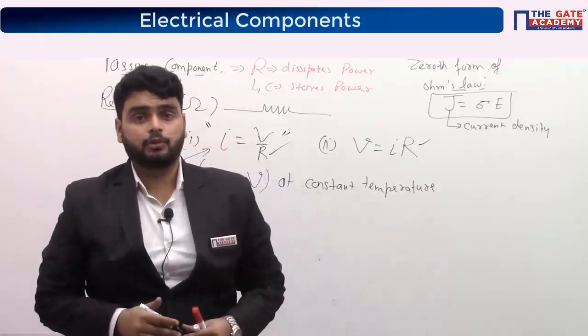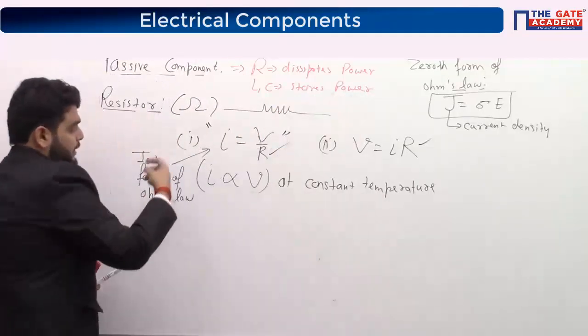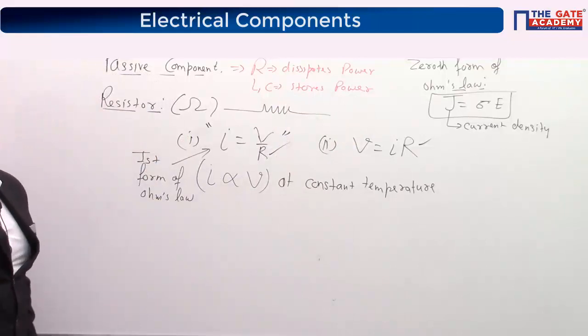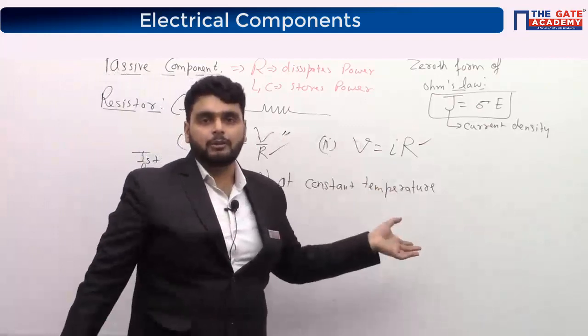Okay, J equal to sigma E. And after rearranging this, we get the first form, which is I equal to V by R. Everybody knows, not a big deal.